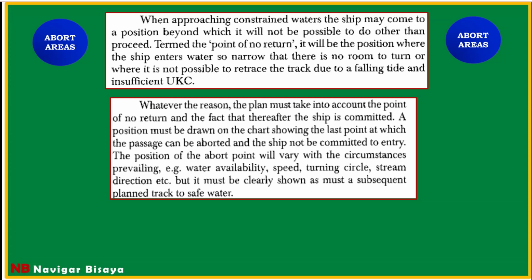The position of the abort points will vary with the circumstances prevailing, for example, water availability, speed, turning circle, stream direction, etc. But it must be clearly shown, as must the subsequent planned track to safe water.